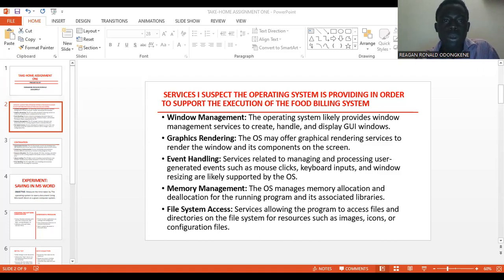So I'm going to take people through the services I suspect the operating system is providing in order to support the execution of that system, how it is appearing like that, what the operating system does so that it comes to that.